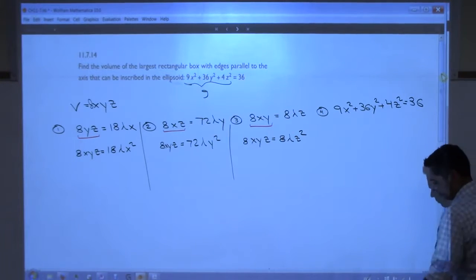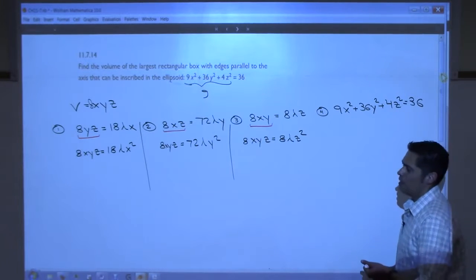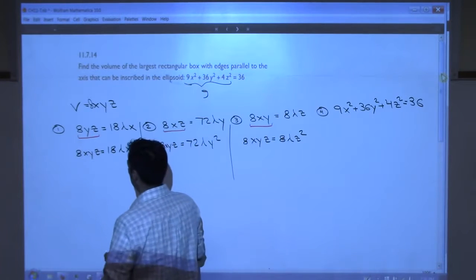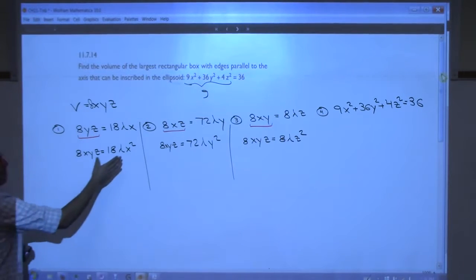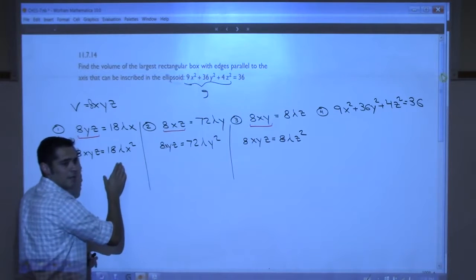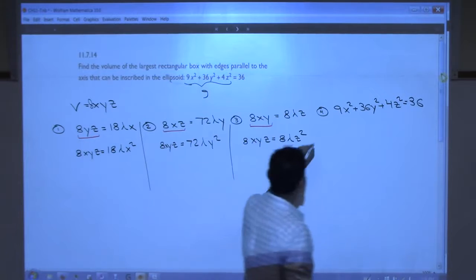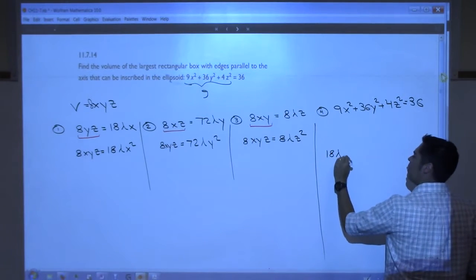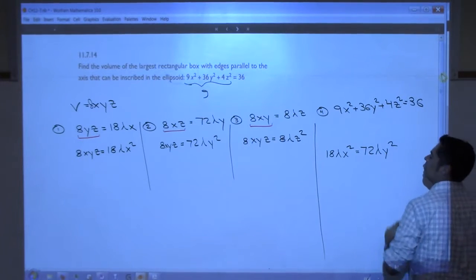All right. Now, if these are all 8xyz, right, then I can set any two equal to each other. So how about setting this one and this one equal to each other? How about that? What if I set 18 lambda x squared equal to 72 lambda y squared?